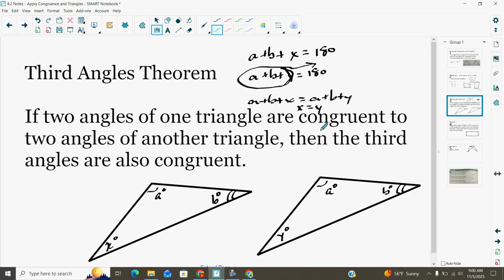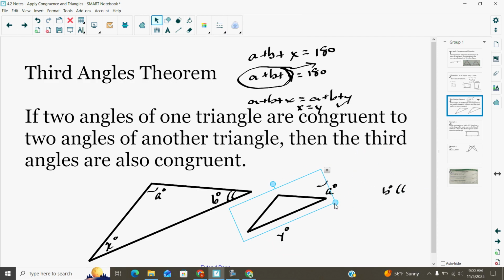We get X has to equal Y, which again, I think logically makes sense here. Notice that we don't have to have congruent triangles for that to happen. I drew these so that they were congruent, but they don't necessarily have to be. If this is A and this is B, then this one down here has to be the same as this one down here.